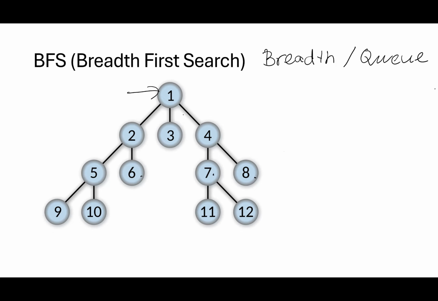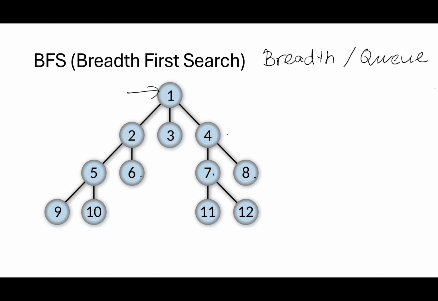okay, this is not a binary tree. Oh, but that's fine. This is not a binary tree, but we are still fine. Okay, so what we can do is check the children of 1, that is 2, 3, and 4.